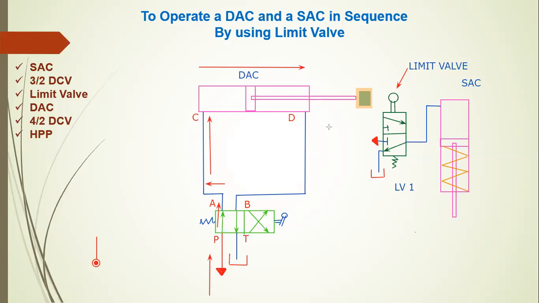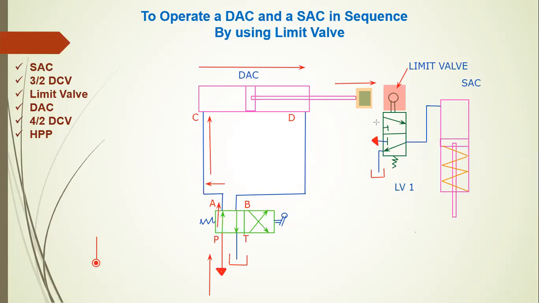That condition is called the extension side, and also these points move in the right hand side direction. When these points hit this limiting valve, at this time the limiting valve operates.